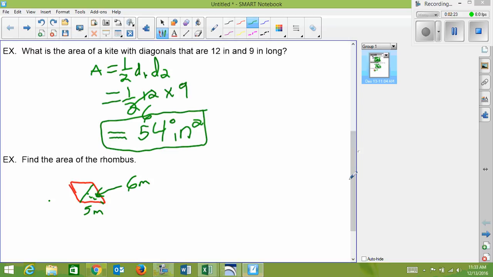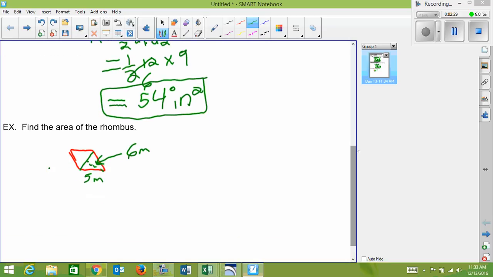And so for the area of this rhombus, you're going to have to do the Pythagorean theorem first to find what's missing. Why is it Pythagorean theorem? Because that's a right angle right there in the middle. That's how I know it's a right triangle. And so you have the hypotenuse, and one of the legs is what you have.